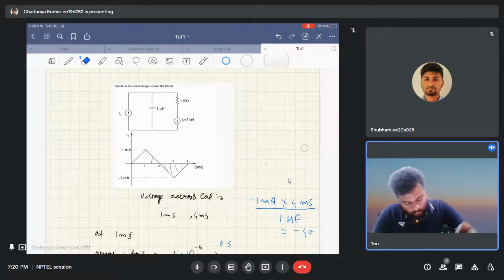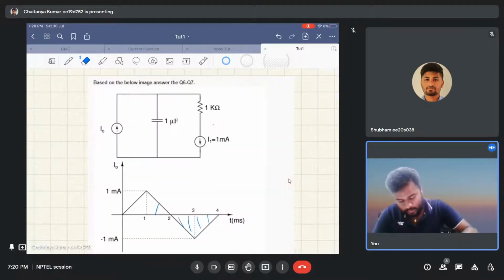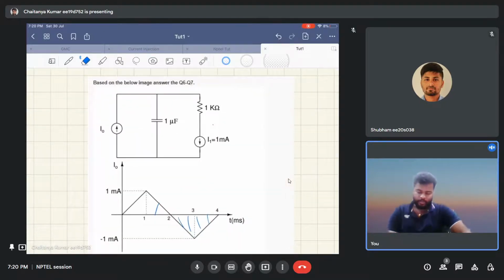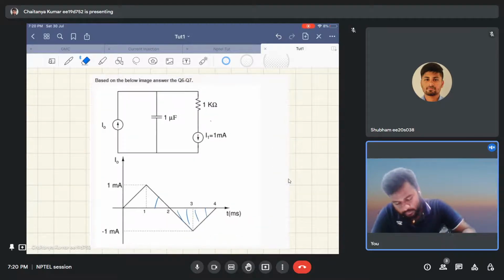What you need to do in this is, you have two current sources that are pushing or pulling current in this capacitor, and one of them is a DC current and the other is a time varying current.